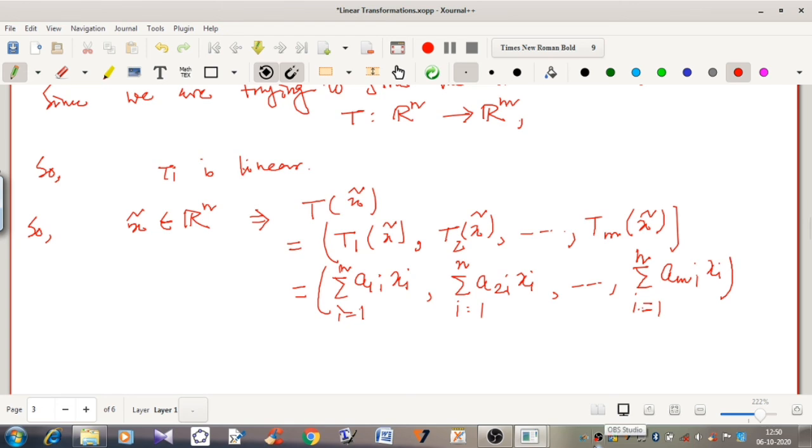Okay, so this is the linear transformation T from the vector space Rn to the vector space Rm with respect to their standard basis.